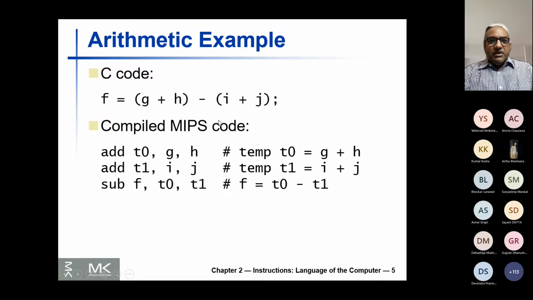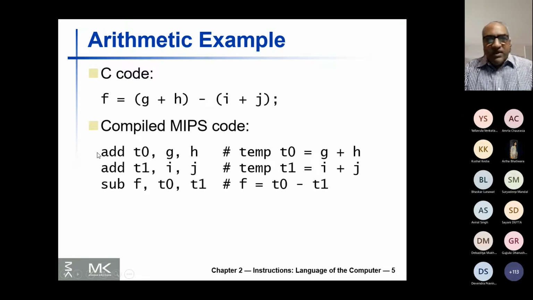In the C high level language, you can write this entire thing in one command. But to execute this command, the underlying hardware has to perform it in multiple steps, because it combines an addition, another addition, a subtraction, and so on.